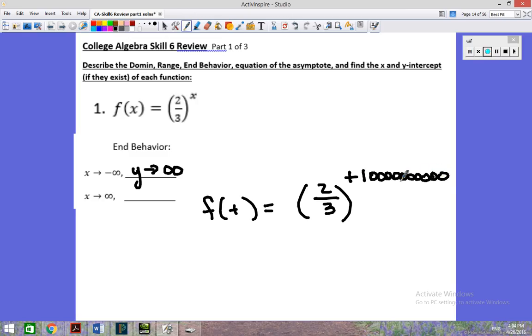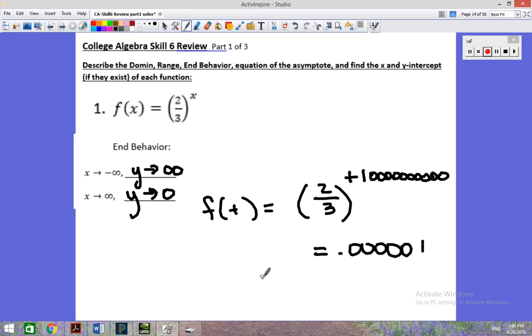The 3 to that power, this denominator, is getting much larger, quicker than that numerator, and this is approaching 0. You plug in large positive numbers like that on your calculator, and you're going to get really small numbers, but it's never going to quite equal 0. So this y value, this decimal number, is approaching 0.